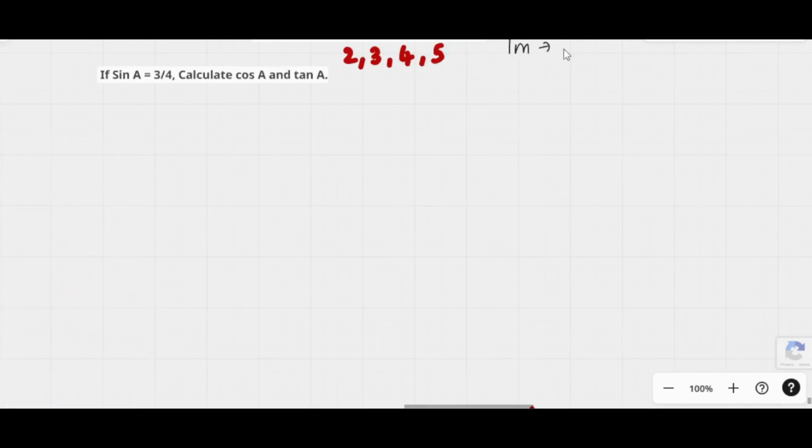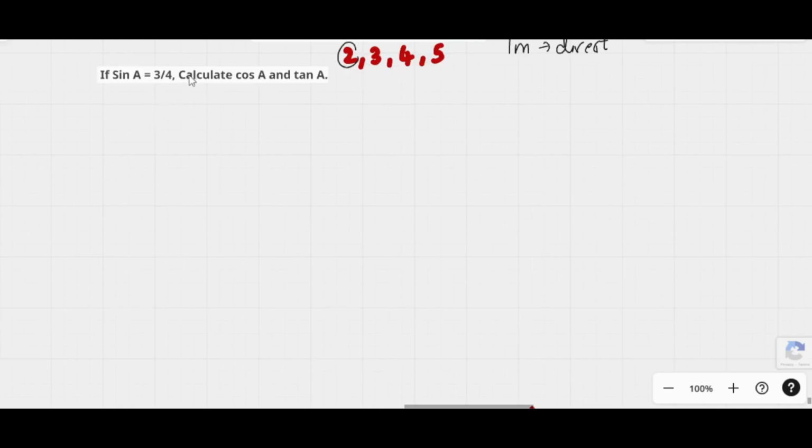You can do it directly, how I did in the previous video, in 1 to 2 steps, and mark the answer. Based on the marks, the length of the answer depends on it.